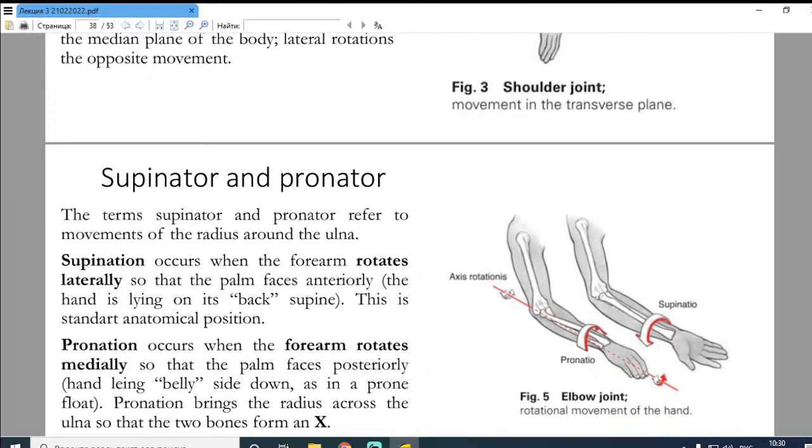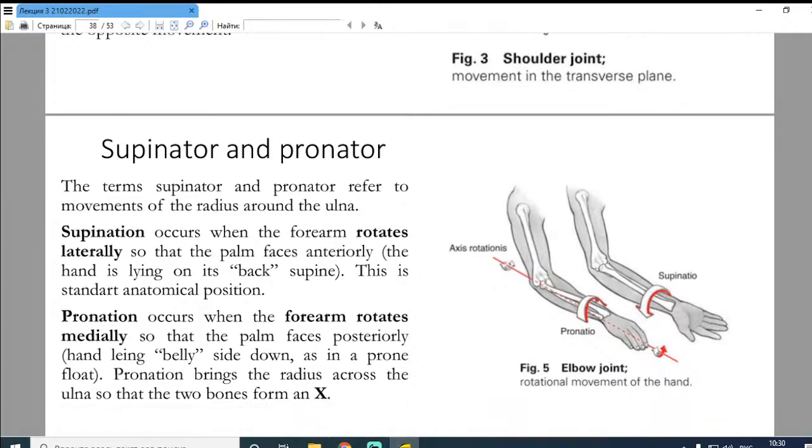Supination and pronation. The terms supination and pronation in Latin refer to movement of the radius around the ulna. You see the radius and you see the ulna.